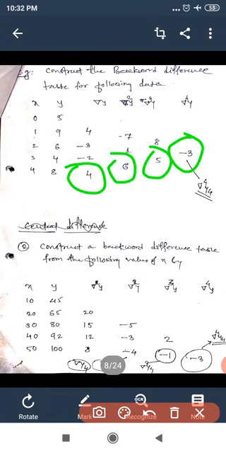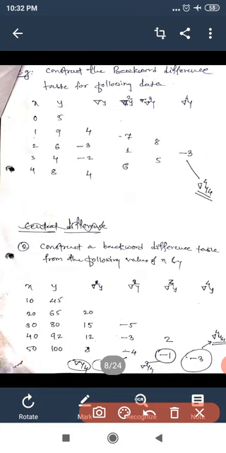So the last values are y0, y1, y2, y3, y4. This is the del of y4. This value is called del square of y4. This value is called del cube of y4 and the last value is called del to 4 of y4.